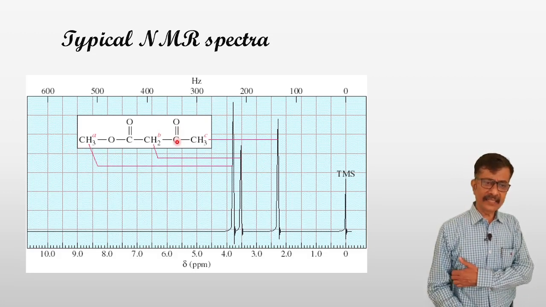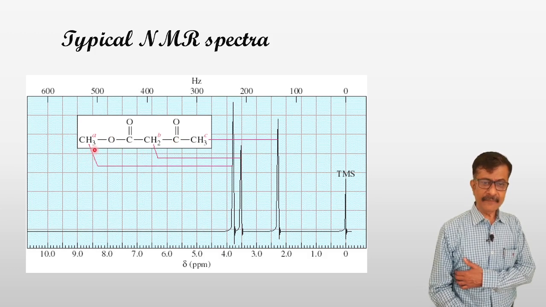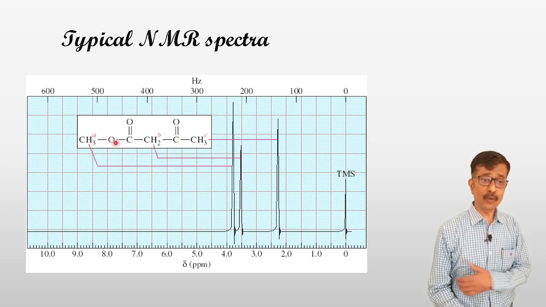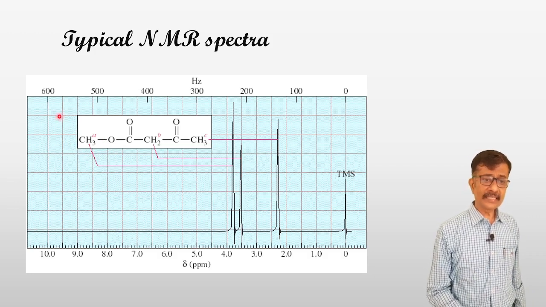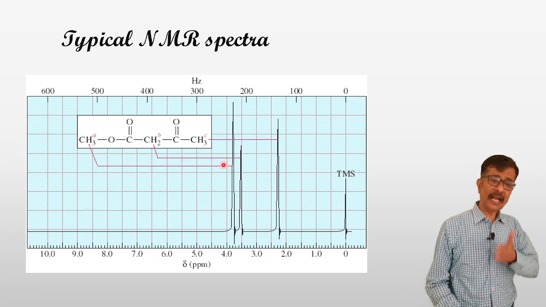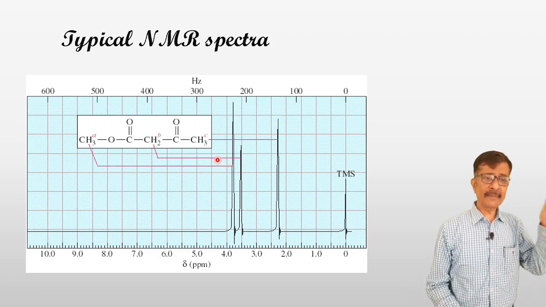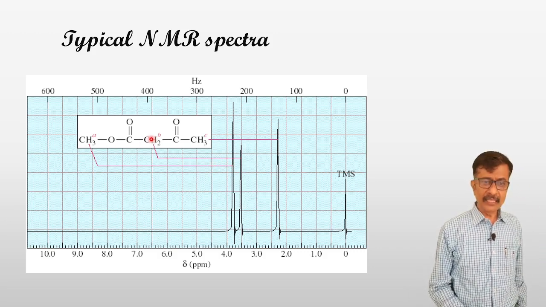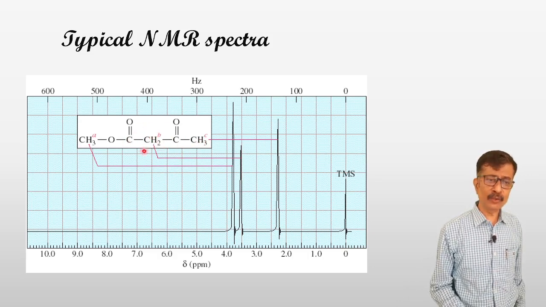Now if you look at this CH3, it will be more deshielded because it is directly connected to O, so its delta value will be higher. Deshielding gives a lower magnetic field and a higher delta value. Comparatively, this CH2 is attached to both carbonyls, in between 2 carbonyl groups.